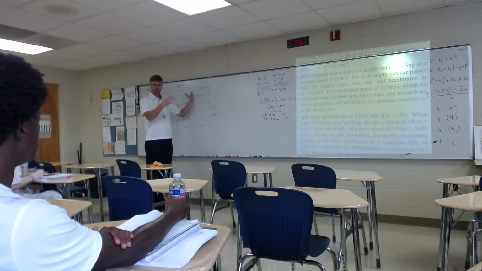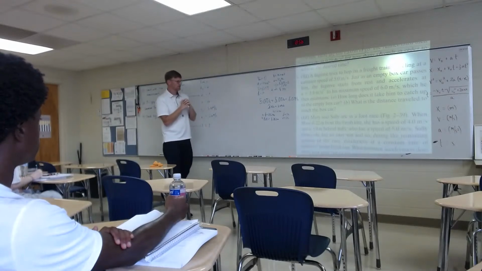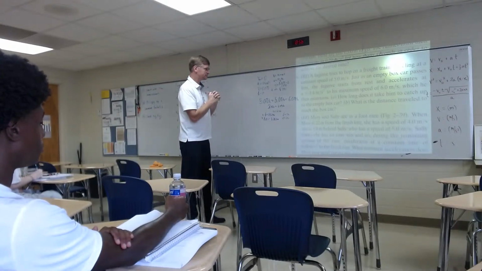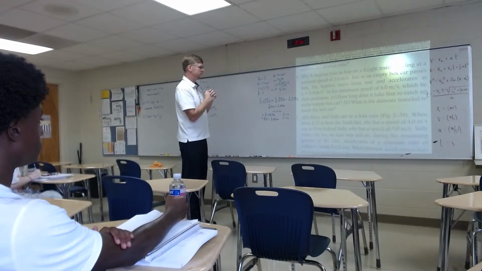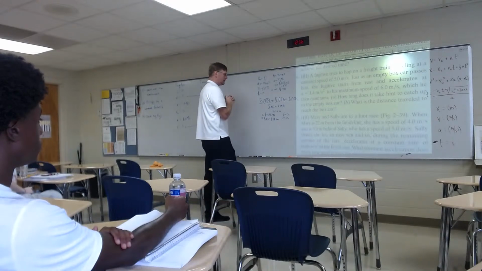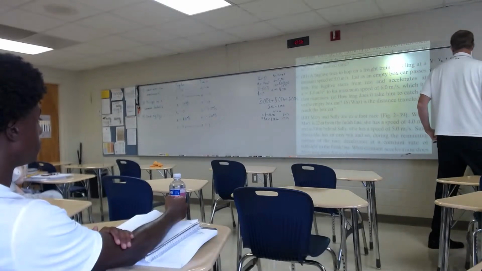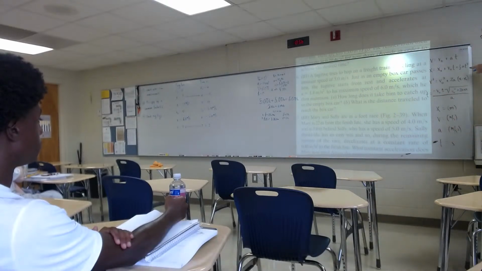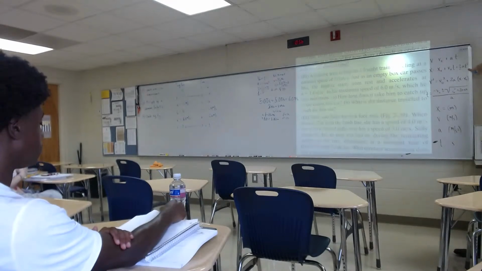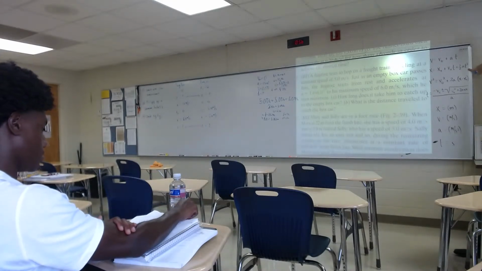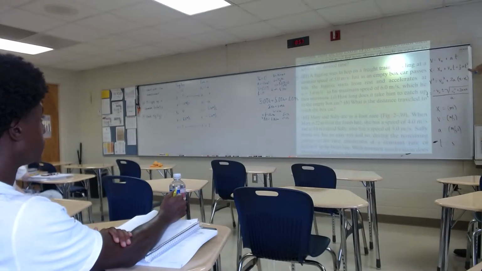That makes sense? So if we had an equation that had time and position, we use that equation for each object. And then we can set them equal to each other.